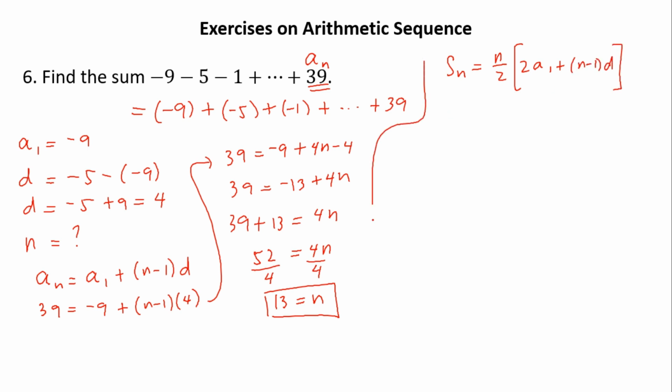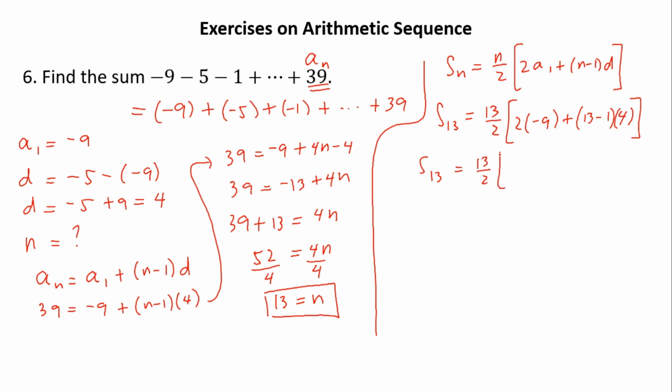So s sub 13 equals 13 over 2 times 2 times negative 9 plus 13 minus 1 times the common difference of 4. So we have s sub 13 equals 13 over 2 times negative 18 plus 12 times 4.